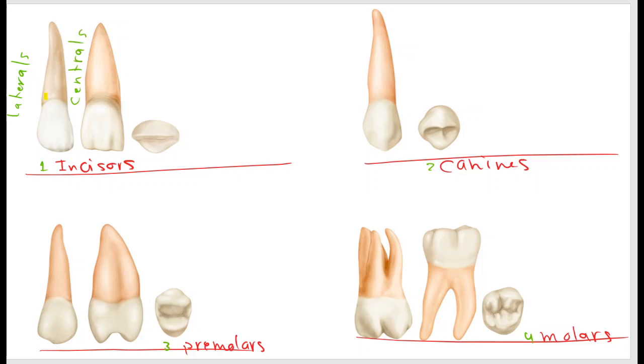Incisors have only 1 root and no cusps. Right, we said a cusp is the elevation. This is a cusp, this is a cusp, and these are cusps. So incisors are the only teeth that don't have cusps. Instead, they have what we call an incisal edge.